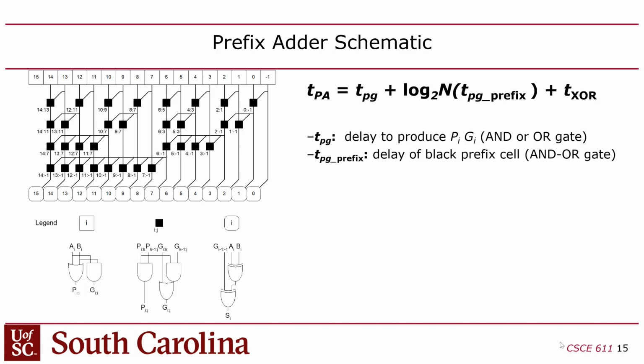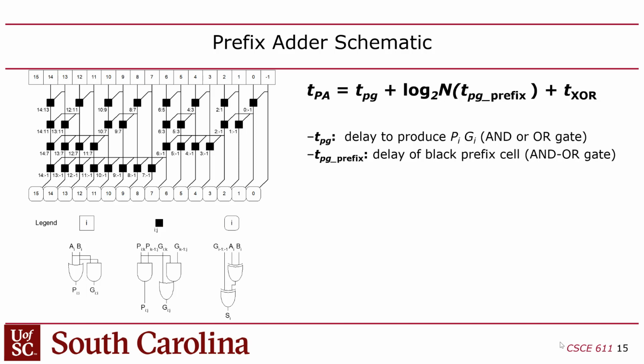Then the black boxes are a way that we can combine generate and propagate: we're going to combine two halves into one whole, right?